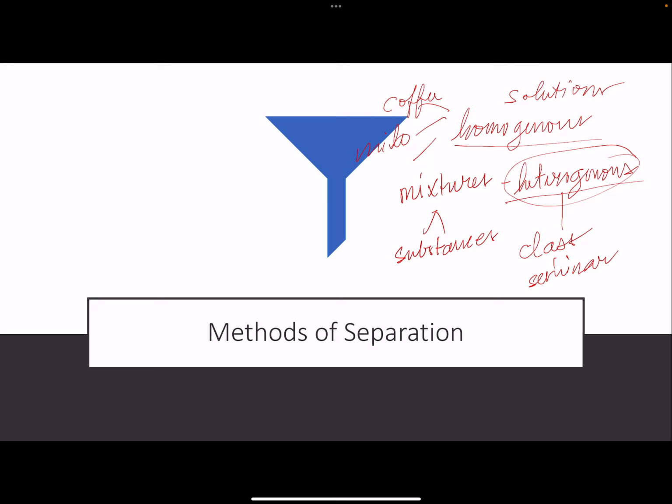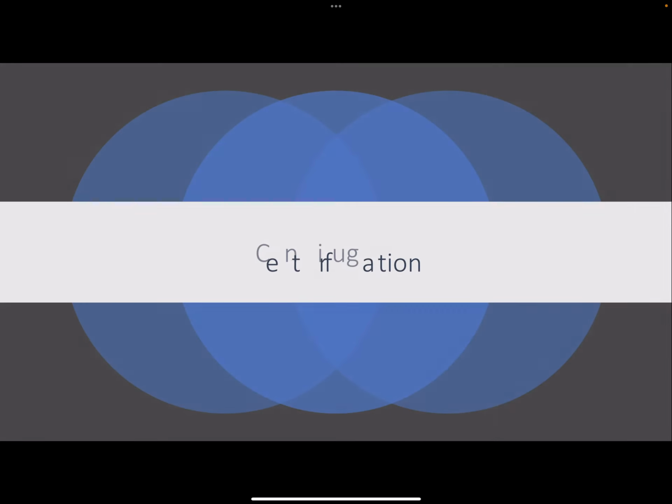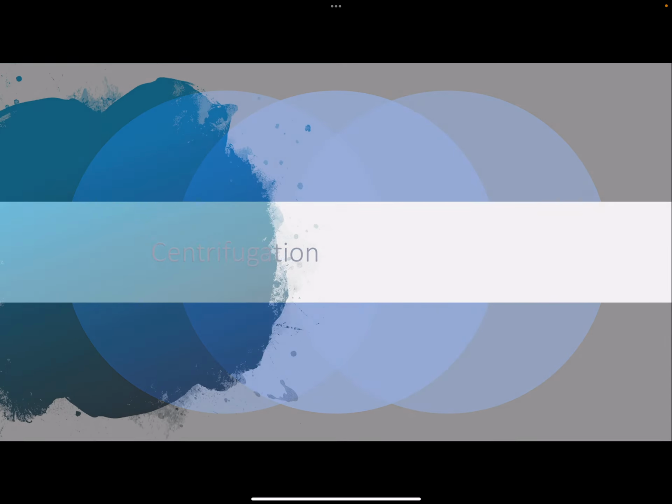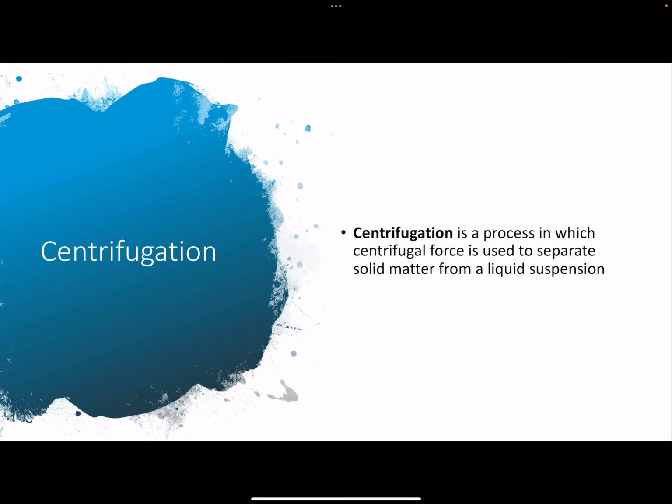Okay, so moving on. Next, the first method and probably the most common method of separation inside the laboratory is what you call centrifugation. As the term suggests, centrifugation is a process in which centrifugal force is used to separate solid matter from a liquid suspension.